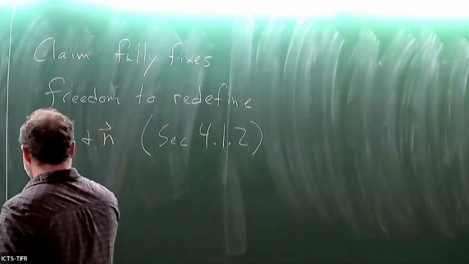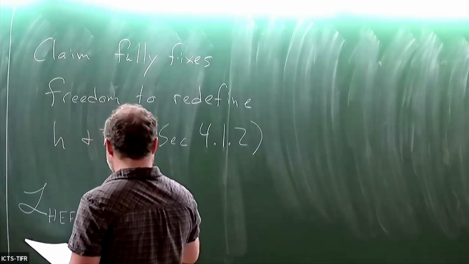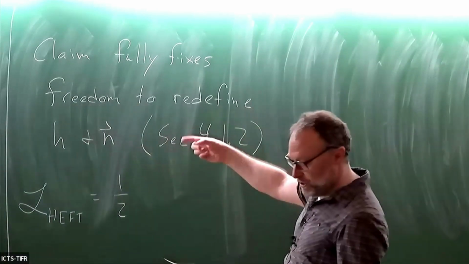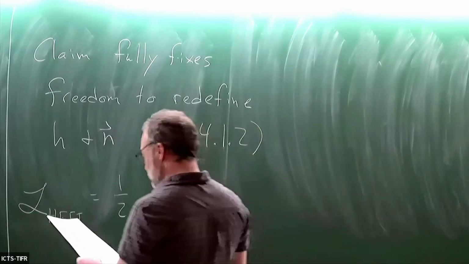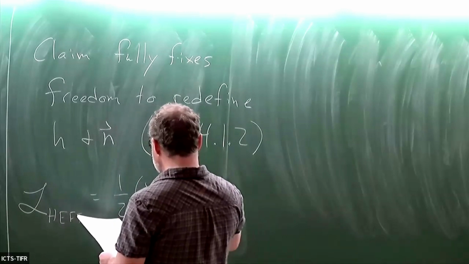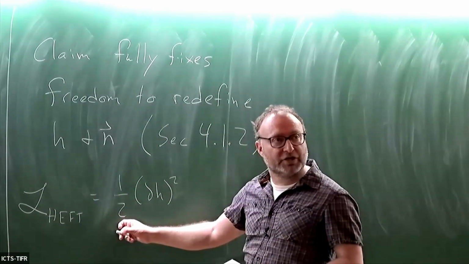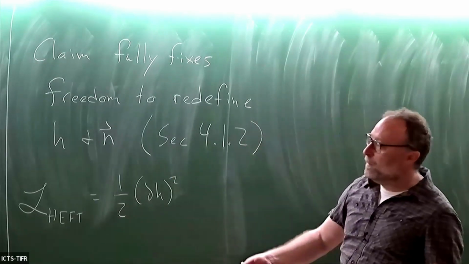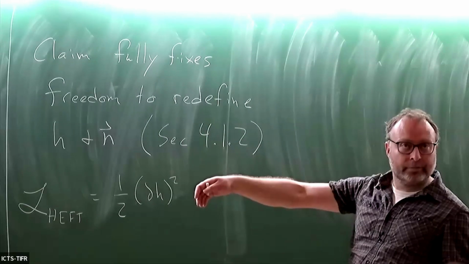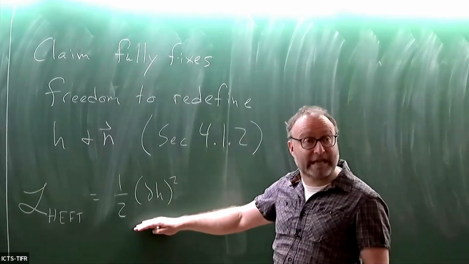And then we get HEFT, and notice, of course, this is going to change the definition of F, the coefficient of the Goldstones. So now there's no field dependence in front of dh squared, right? And it's not just that we're saying this has canonical normalization.